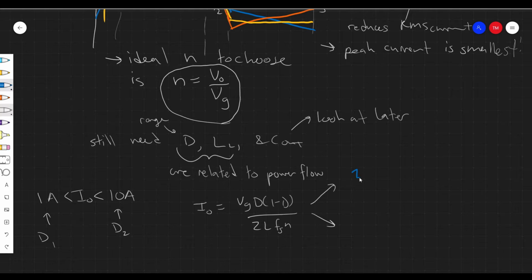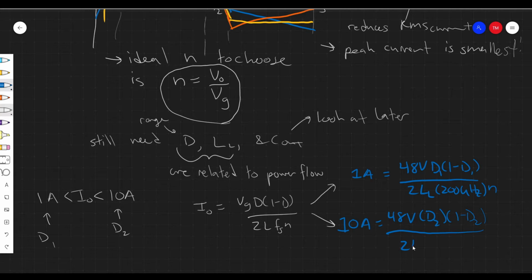So for the minimum current case, we have 1 amp is equal to Vg, 48 volts, times, I'll call this D1, (1 minus D1), over 2 Lleakage, another thing we're looking for, the switching frequency, 200 kilohertz, and N, which I'll just leave as N for now. The other case is the 10 amp case. And it's similar, right? 48 volts, this time D2 and (1 minus D2), all over the same stuff, right?